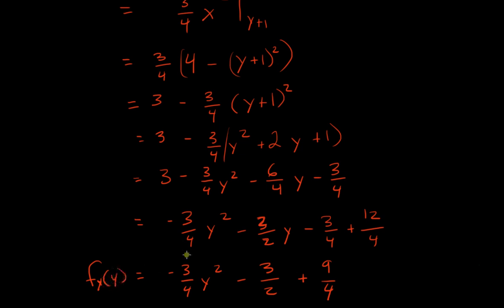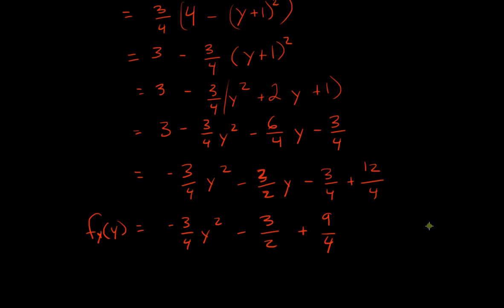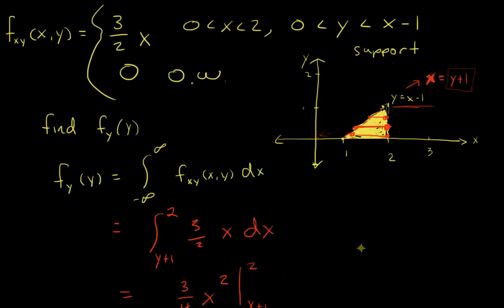I need its support. Since we've integrated over x, let's think about the support for the marginal distribution of y. I've already integrated over x, so now I've projected this down to the y values. I've taken out x.